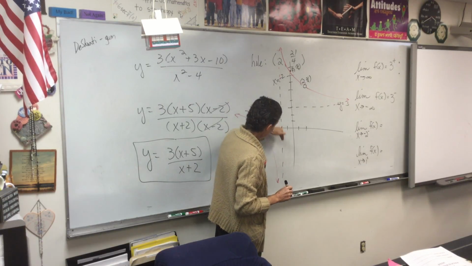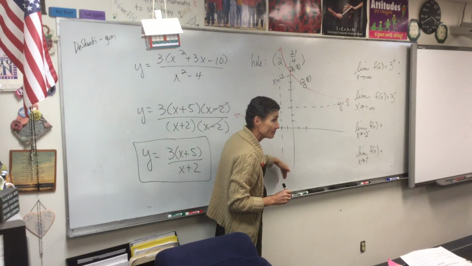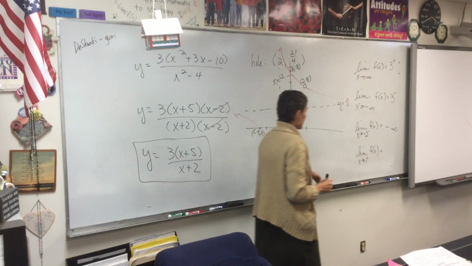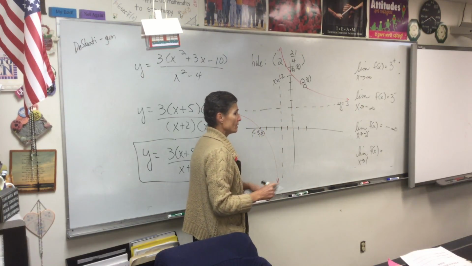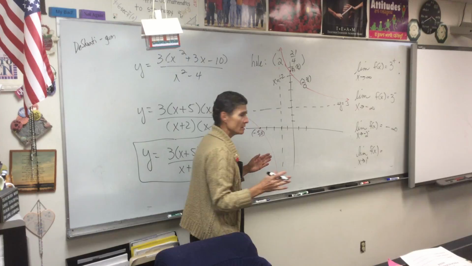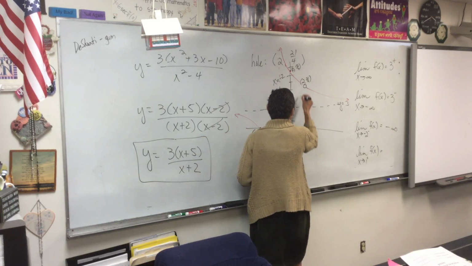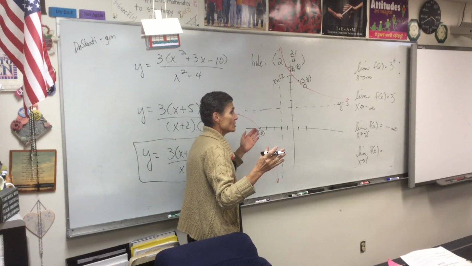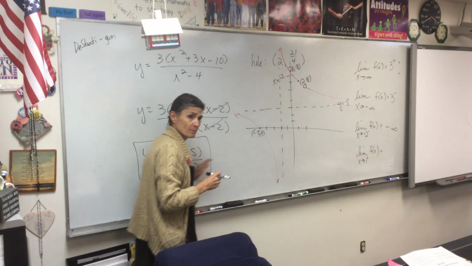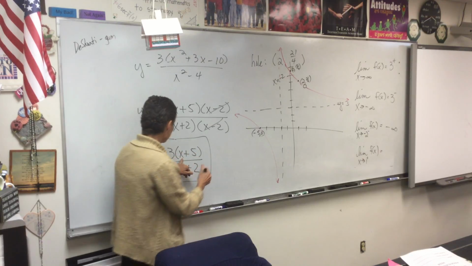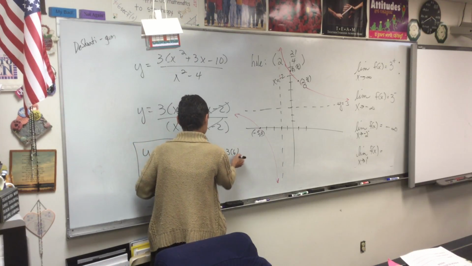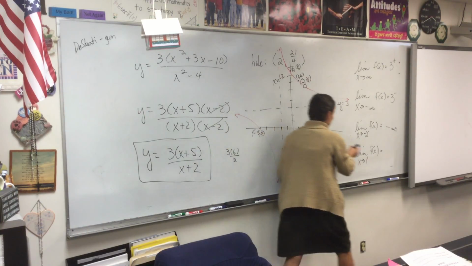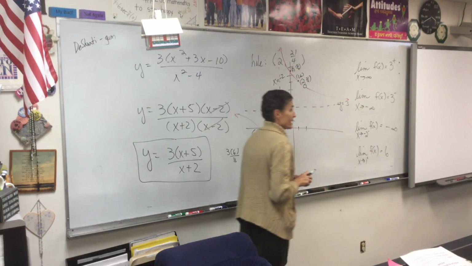What's happening? We're going down, negative infinity. As I'm approaching 1, here's where x is 1. What's happening at 1? There's just a point. So how am I going to find the limit? I'm going to put in 1. And when I put in 1, I get 3 times 6 over 3. So this is the point 1, 6. So the answer to the question is 6.